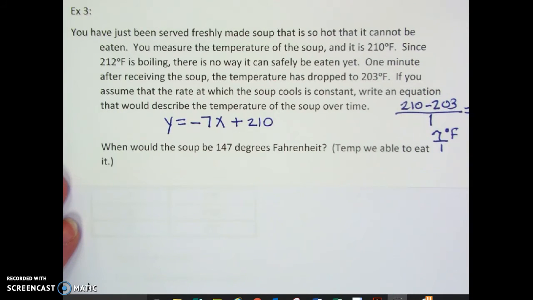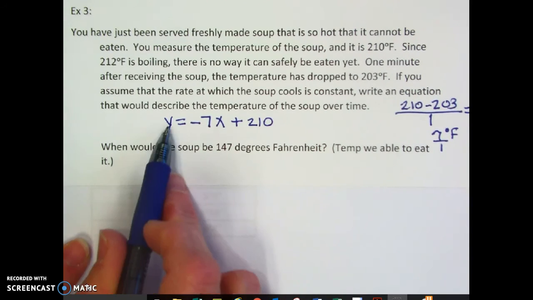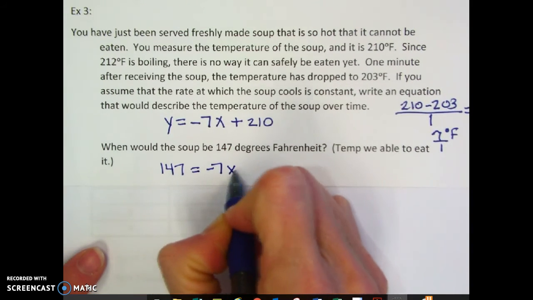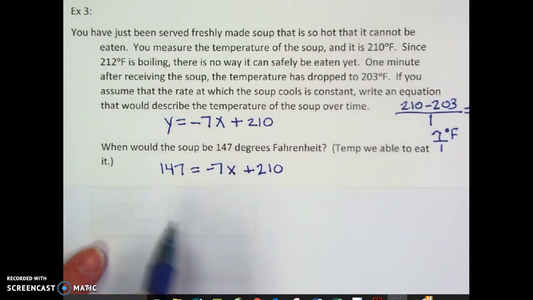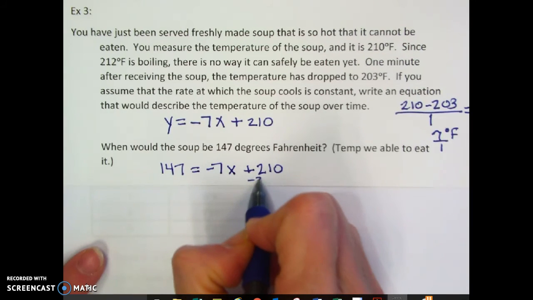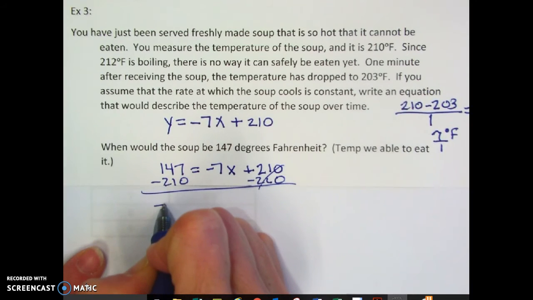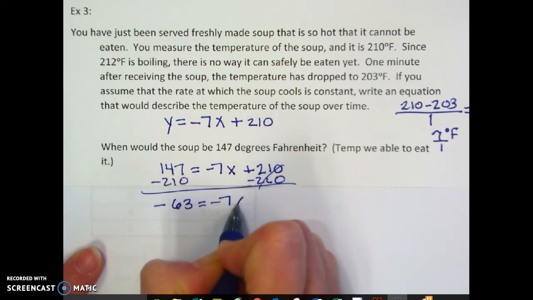And then when would the soup be cool enough, or when would it be 147 degrees? We're going to have to put 147 degrees in for y. Okay, x is our time, y is our temperature, and then solve this. So if we subtract 210 from both sides, we get -63 equals -7x.